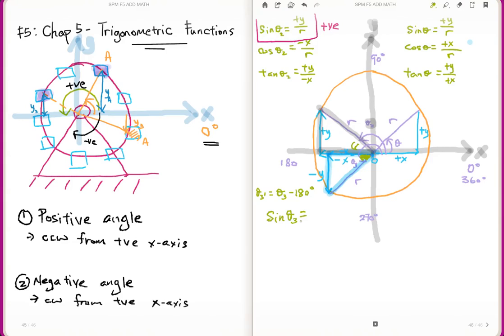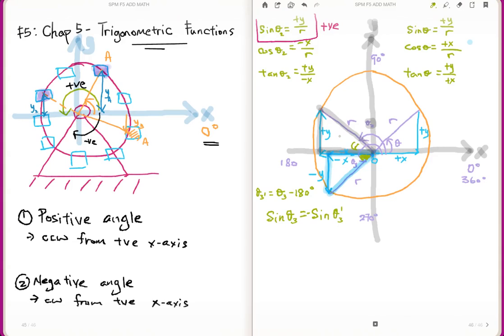Therefore, sine theta 3 without the prime is actually the same as the negative of sine theta 3 prime.